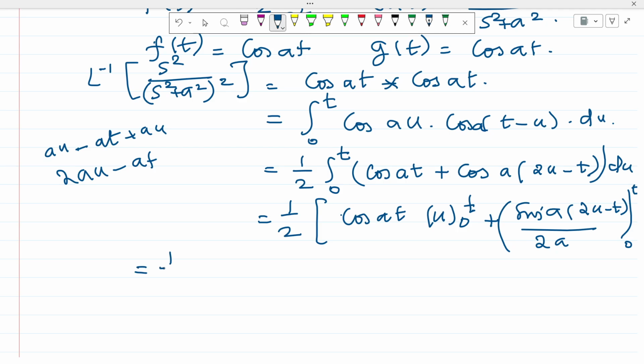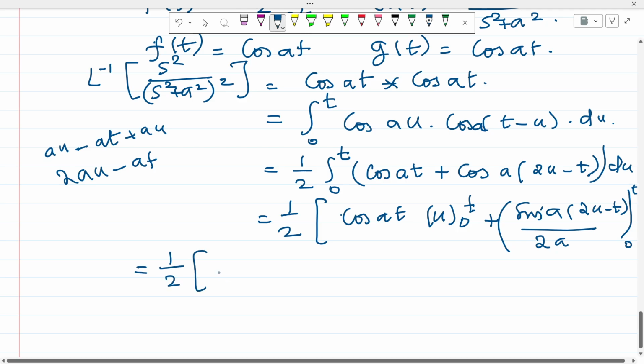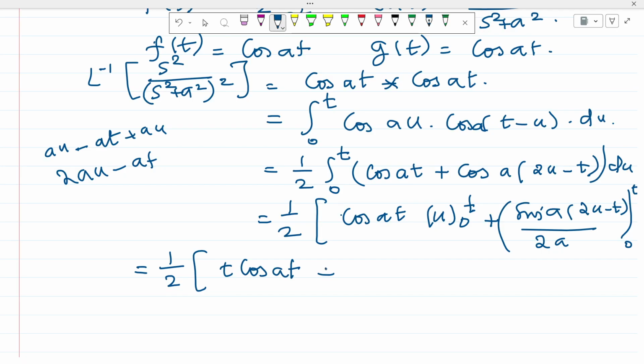So that is equal to 1 by 2 t cos at plus, substituting t there, sin a into 2t minus t, minus 0, substituting 0, sin of minus t, divided by 2a.